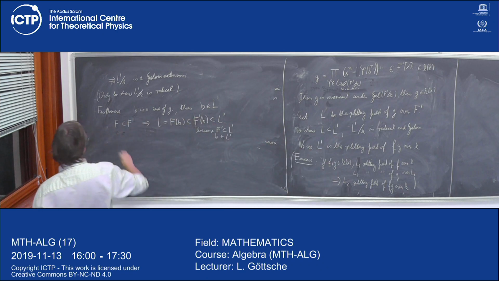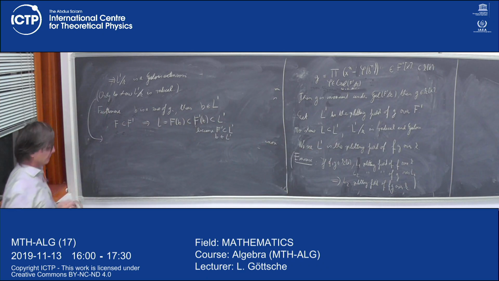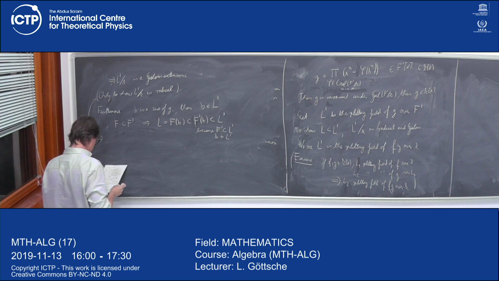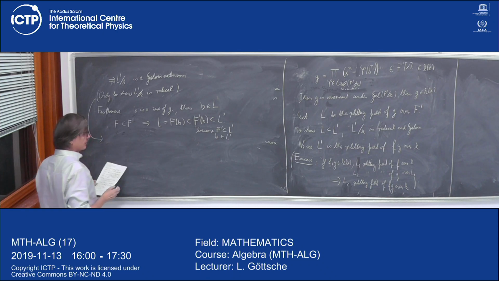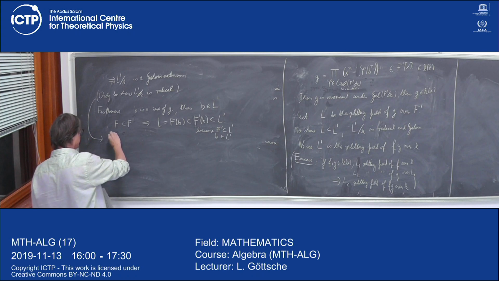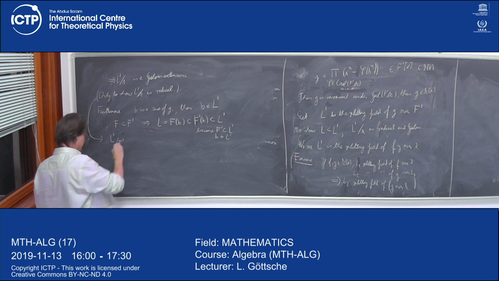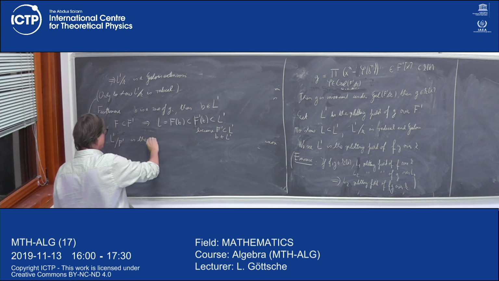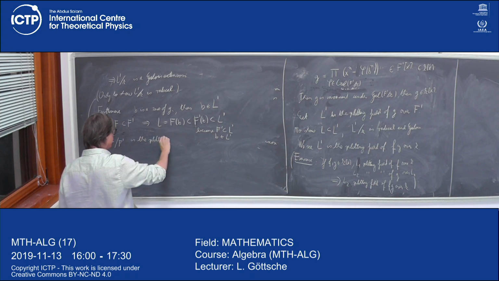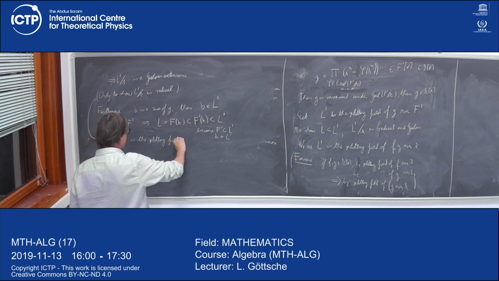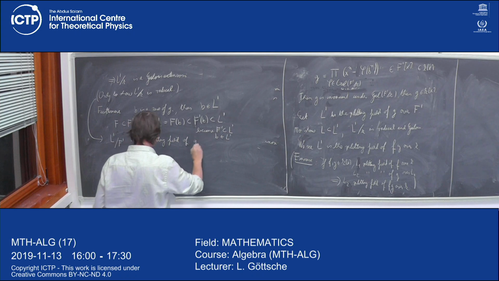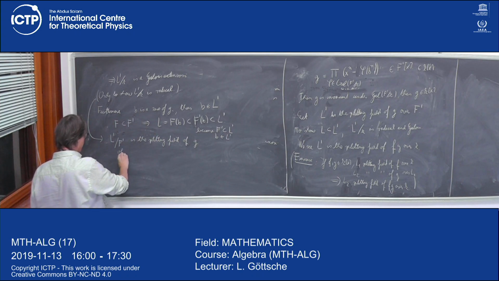And now we only have to show that this is a radical extension. So we know that L prime over f prime is the splitting field of G over f prime.